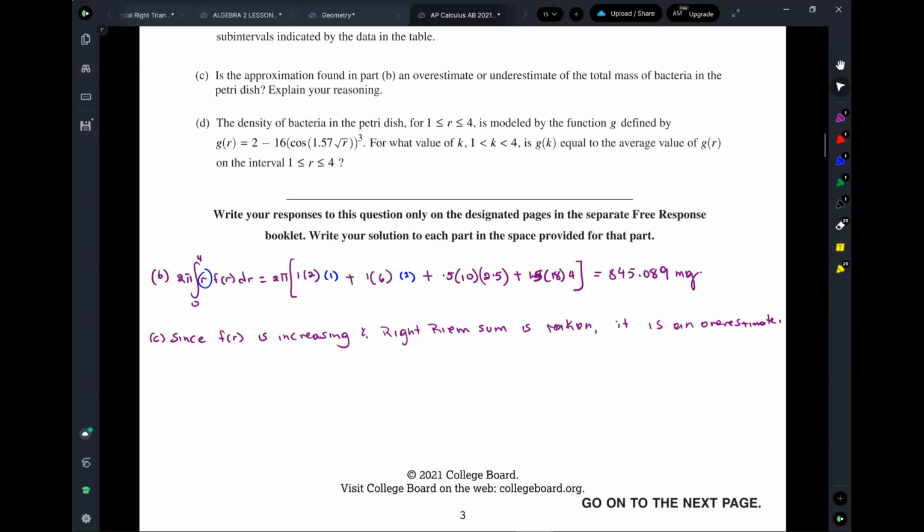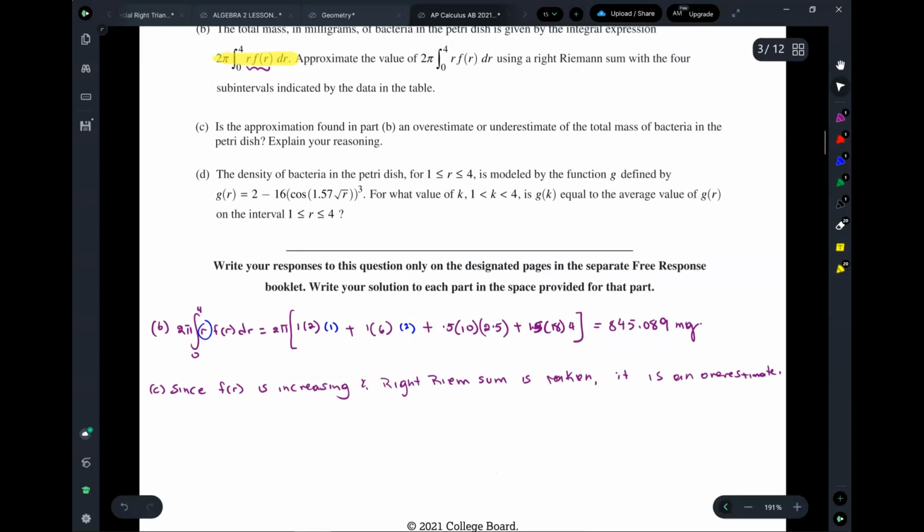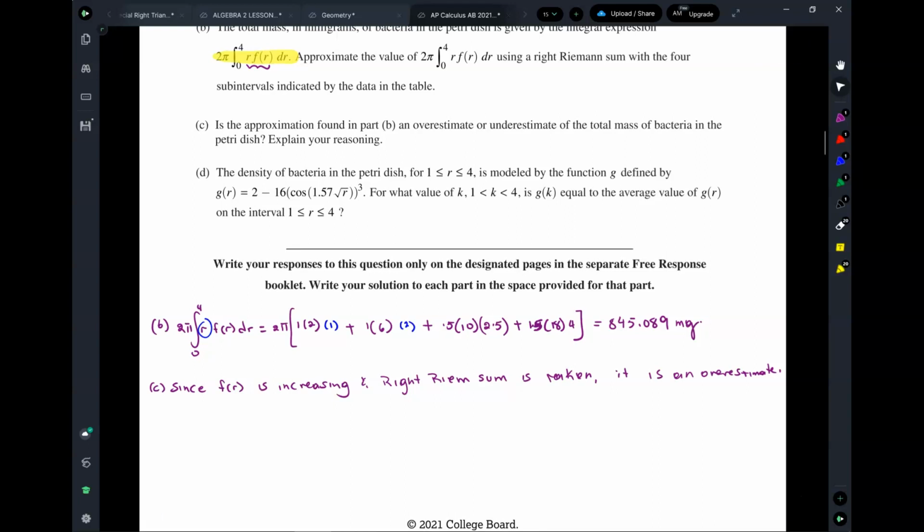Okay, so what part D is asking is: the density of the bacteria in the petri dish for R equals 1 to 4 is modeled by a function G. For what value of K between 1 and 4 is G of K equal to the average value of G of R on the interval 1 to 4?